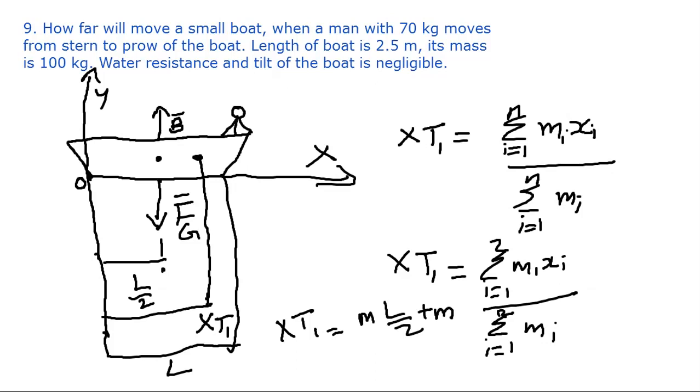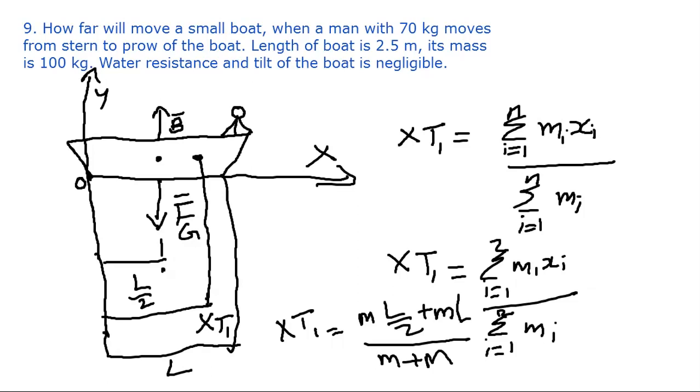Sorry, capital M L by 2 plus small m L. The distance is L divided by M plus m. That is the center of mass, the position of center of mass of the whole system.